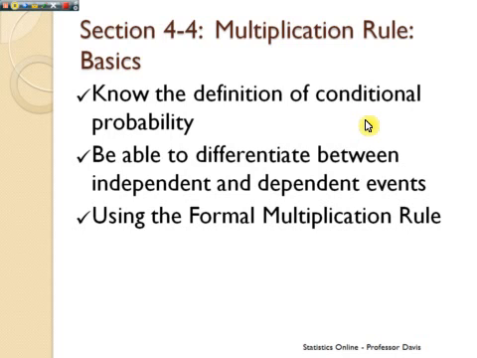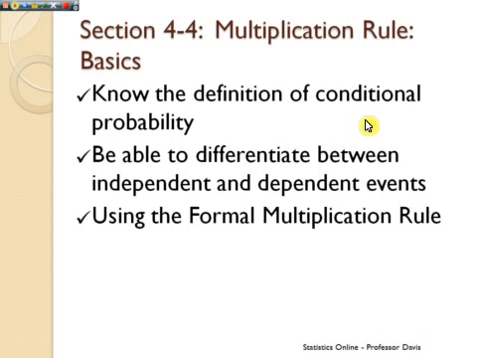And then related to that, we want to be able to differentiate between independent and dependent events. Events that are independent are two events in which the outcome of the first event does not influence the outcome of the second event. So we want to be able to differentiate that, and there's some nice examples of pairs of events in the exercises that can help you with that.